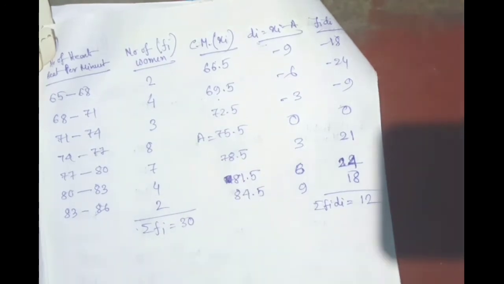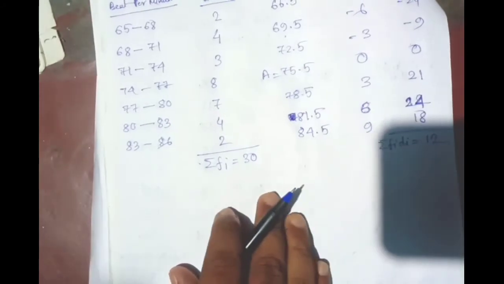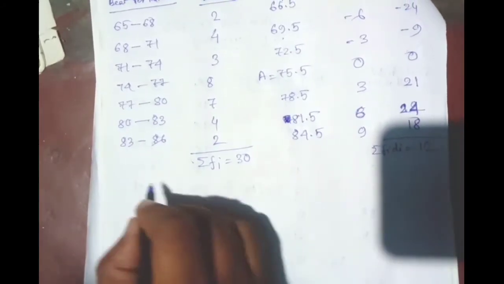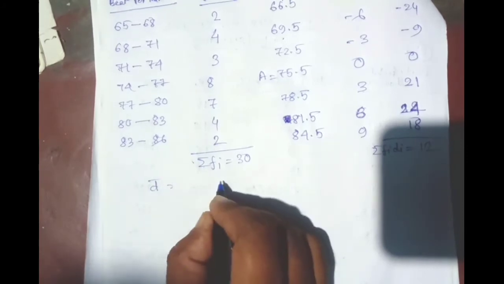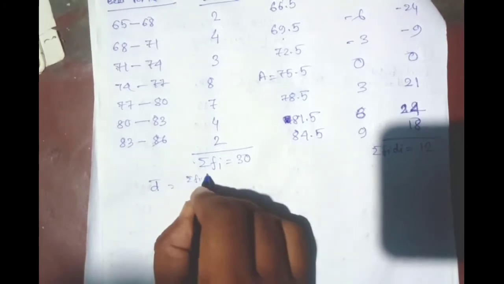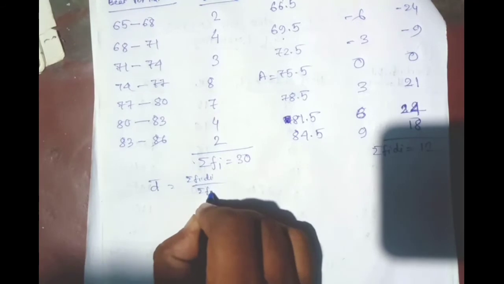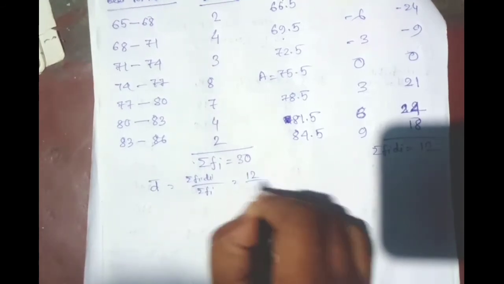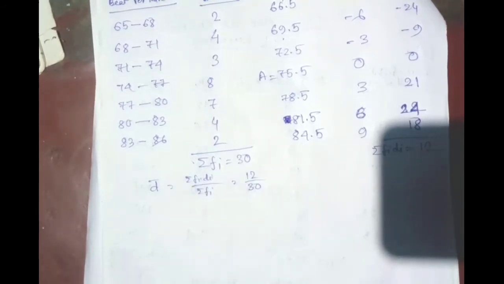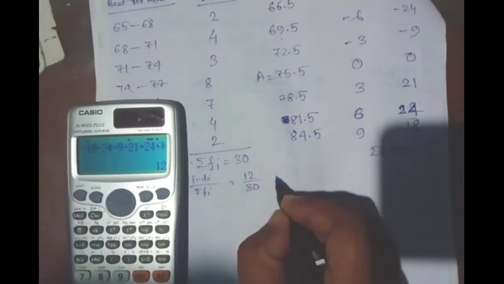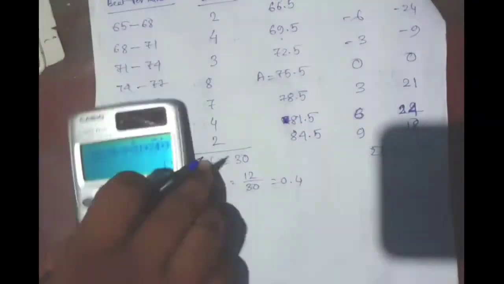Now this will be 6, this will be 24. Now D bar is equal to summation of FIDI by summation of FI, means 12 by 30, means 0.4.